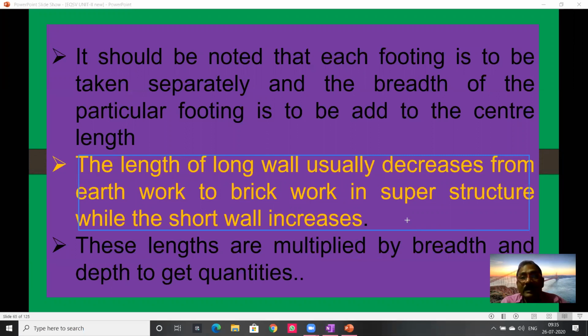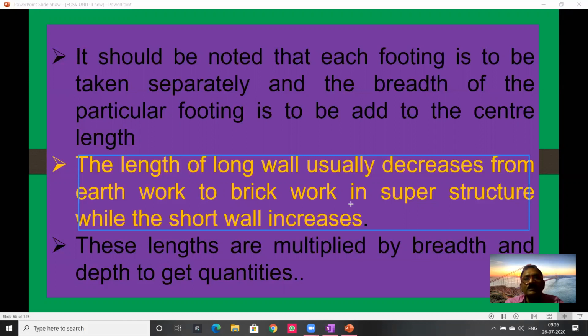This is a very important point to understand, and that is what we observed in the previous problem.